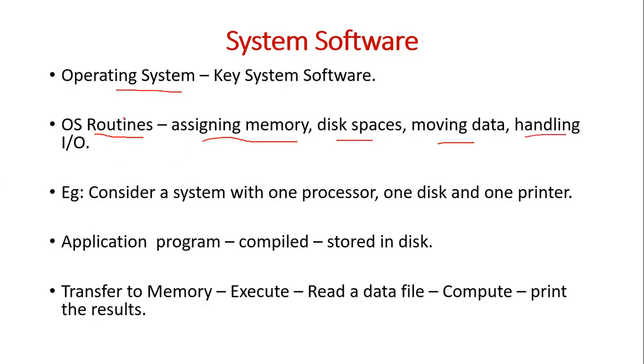These are the primary tasks of an operating system. That is, the operating system is basically a resource manager which manages the resources like processor, memory, IO devices, secondary storage devices, etc. Let us discuss how a typical operating system works with an example.